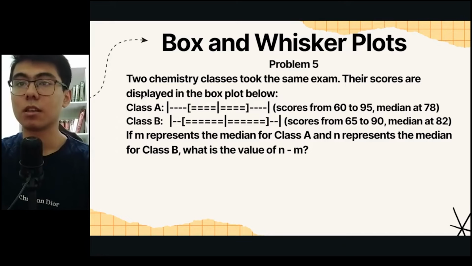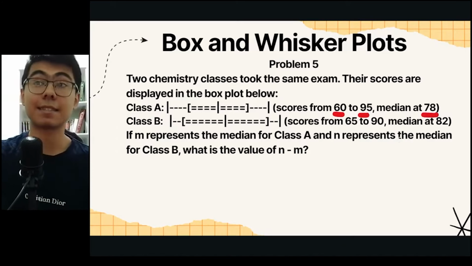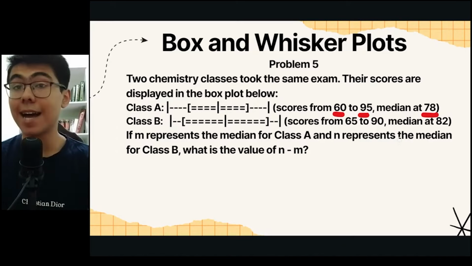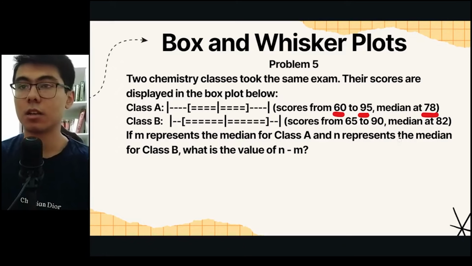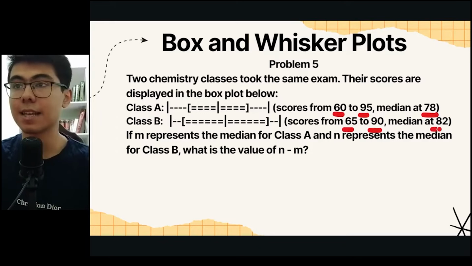So here's the box plot of scores of class A and class B. The minimum value is 60 and the maximum value is 95, and the median is at 78. And in class B, the minimum score is 65 and the maximum score is 90, and we have a median at 82.